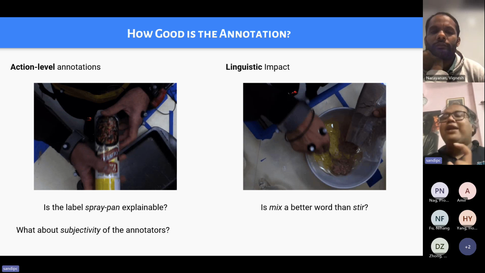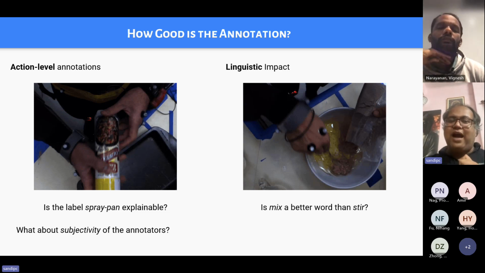So what can be the possible label of it? We actually looked into one popular data set, and both video snippets have been taken from that data set, which is called the CMU MMAC data set. So is this label, spray pan, explainable? That means, is that a correct label, or do you think that it might be something else?